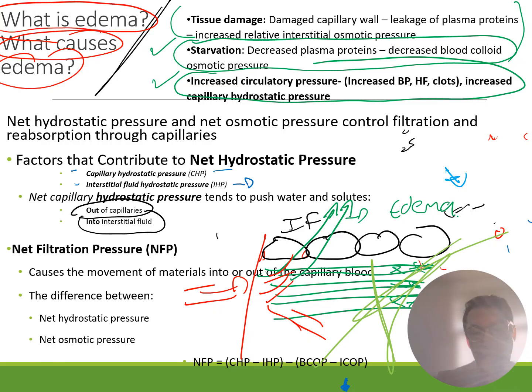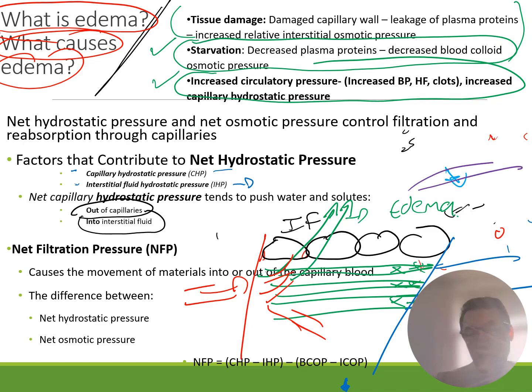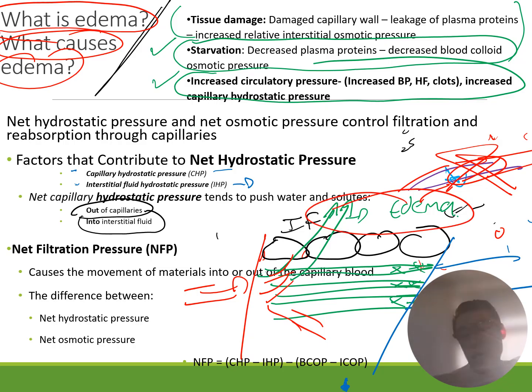Let's assume that the capillary bed is intact, but the lymphatic tissue that is supposed to pick up the excess water in here is damaged. There are lymph nodes, right? Now, if this type of tissue is damaged, there won't be reabsorption, so there will be a collection of edema in that tissue itself.